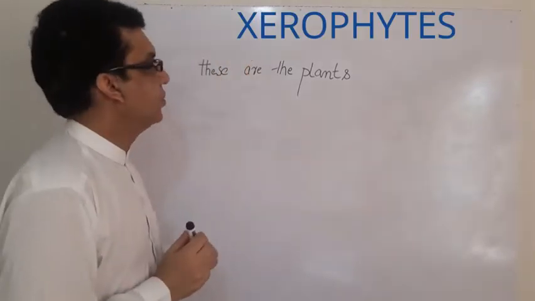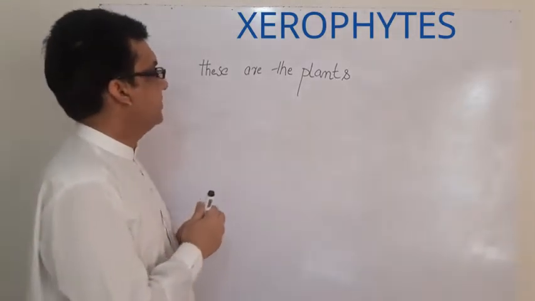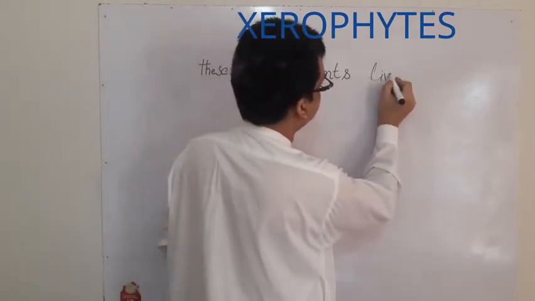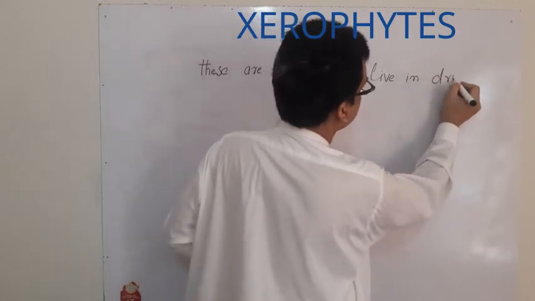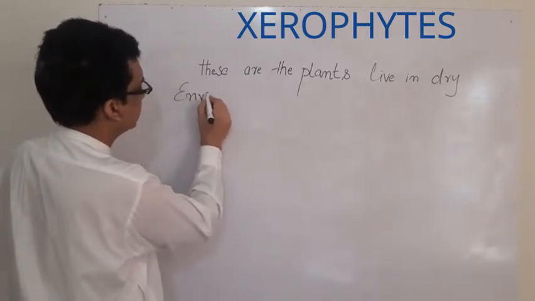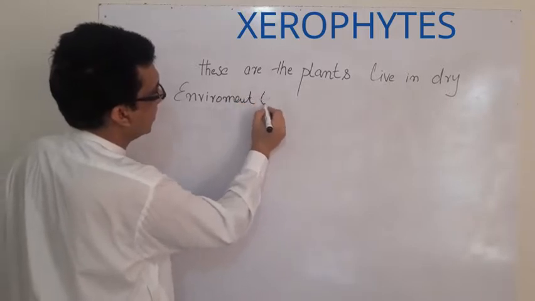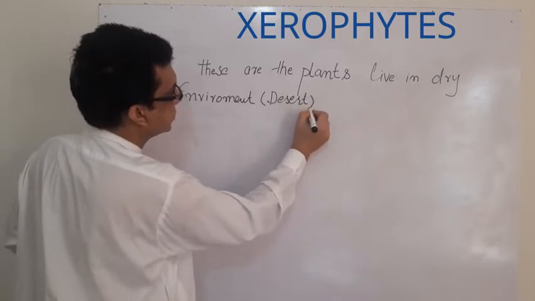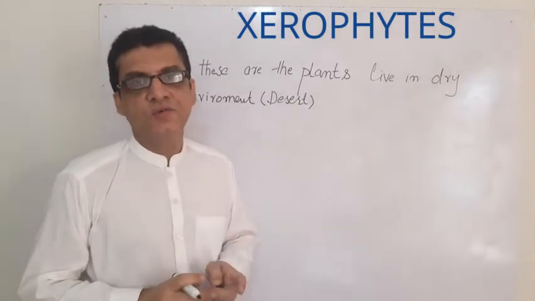xerophytes. So what are xerophytes? Xerophytes are the plants which live in a dry environment, like desert. So these plants are called the xerophytes.